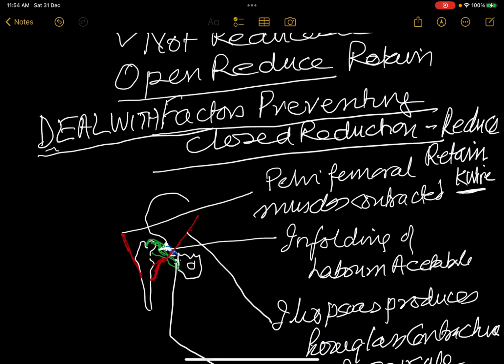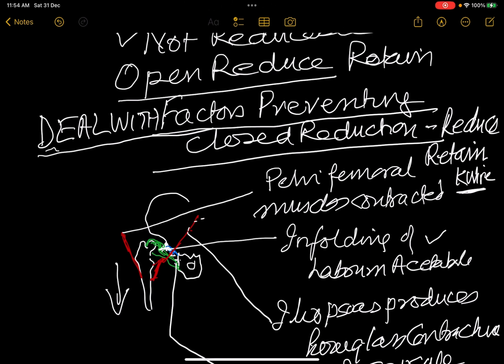So, what are the factors that prevent closed reduction? The first factor is contracture of the pelvifemoral muscles. They don't allow the head to descend. The second is an hourglass contracture of the capsule by the iliopsoas muscle, which doesn't allow it to go into the acetabulum. The third is the inverted limbus of the labrum acetabulare.